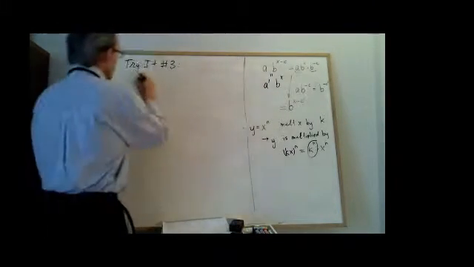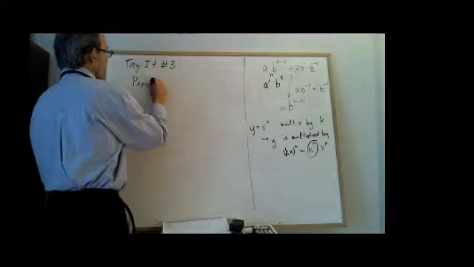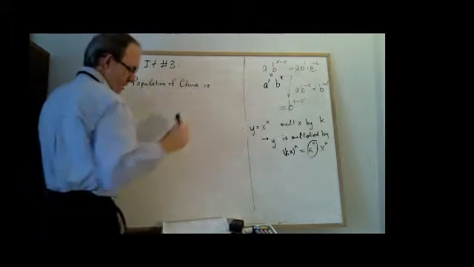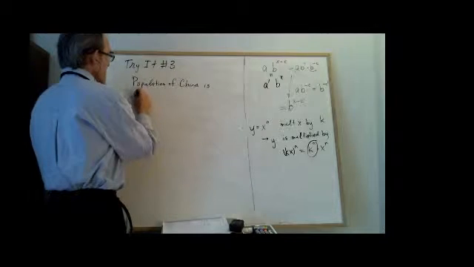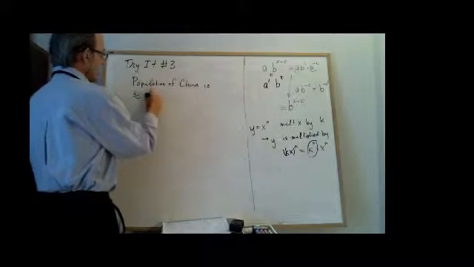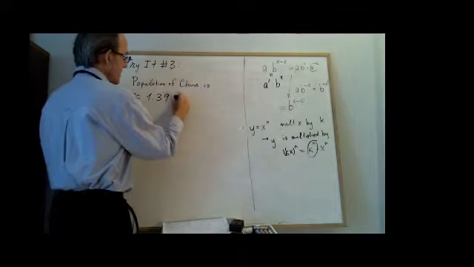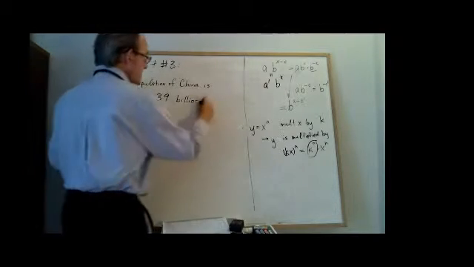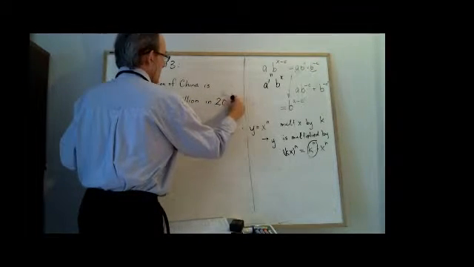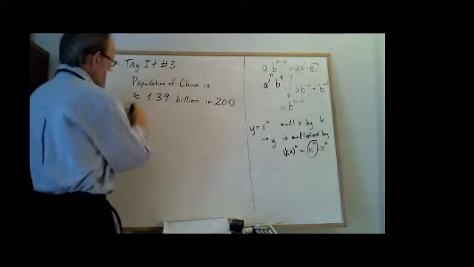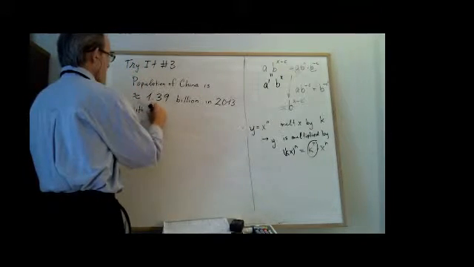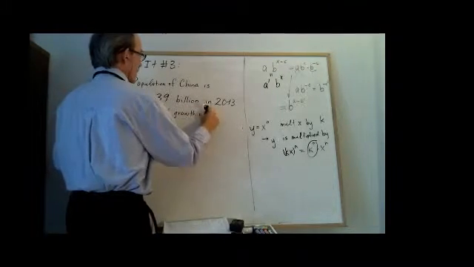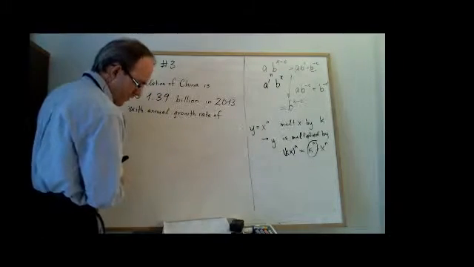The population of China is about, this is my sign for approximation, 1.39 billion in 2013, with an annual growth rate of 0.6%.